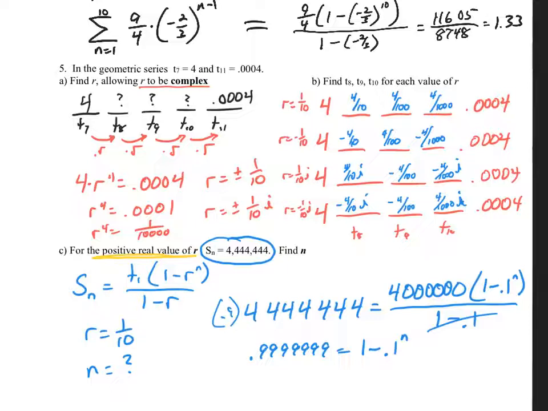And then the negatives will cancel. So we're going to get 0.2, 3, 4, 5, 6 with a 1 equals 0.1 to the n. And then you could do a natural log. You could do a log base 0.1 of 0.000001 equals, and that will give us our n value. n equals 7.